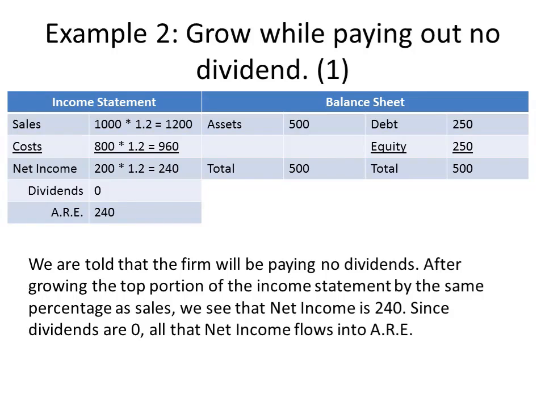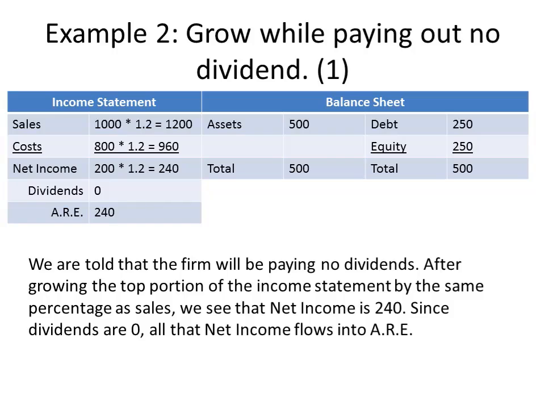We know that net income flows into two places, dividends and addition to retained earnings. So, if we pay out no dividends, that means all of our net income is going to flow into addition to retained earnings. We start this example exactly the same as we started the last one, by growing sales and costs at the same rate as the overall sales growth.